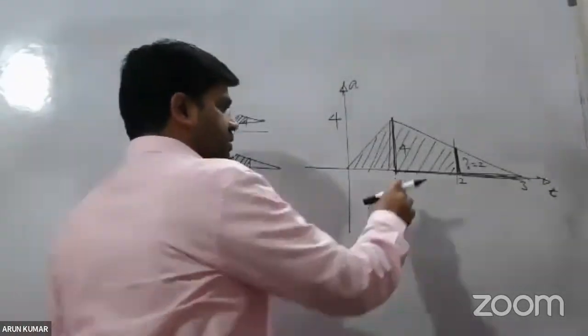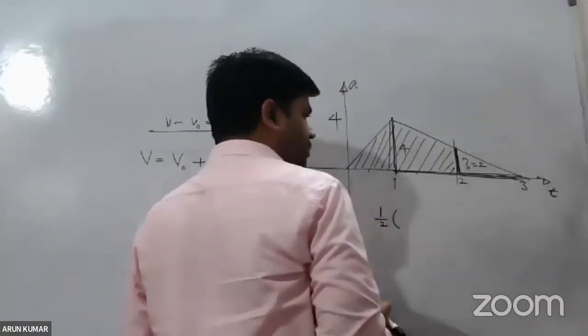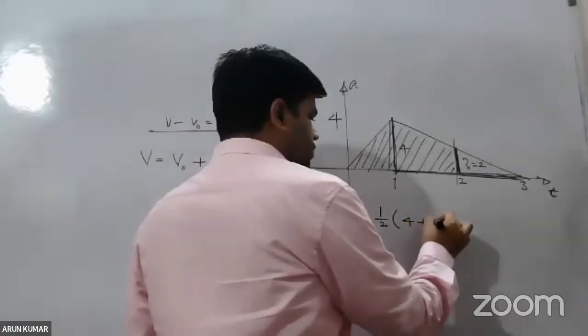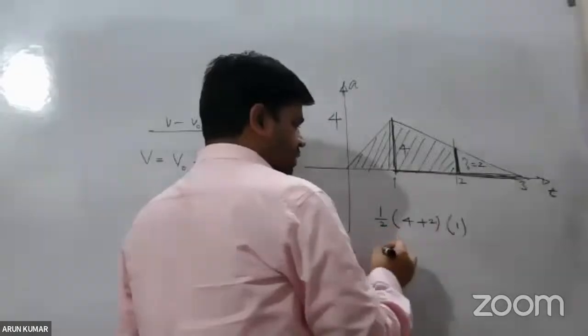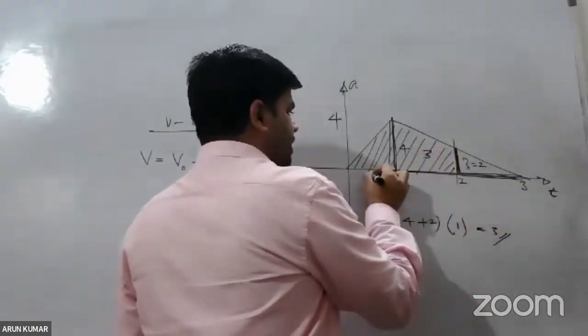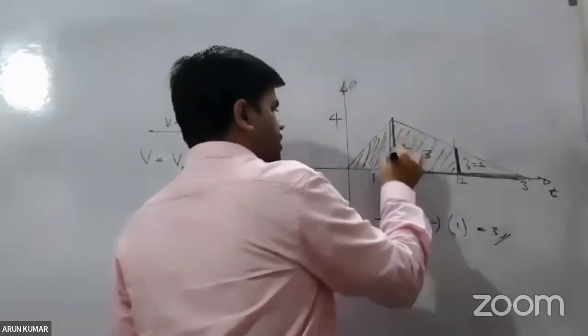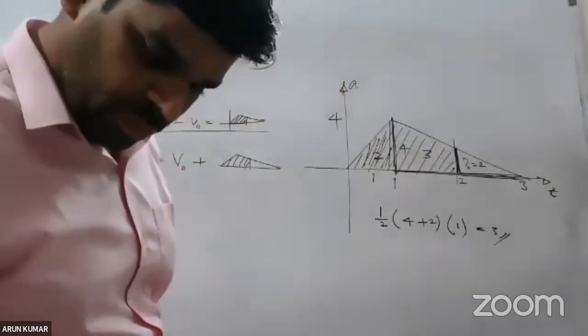Alright. So I got this trapezium. What is the area of this trapezium? Half times the sum of the sides, which is 4 plus 2, into height 1, so 6 by 2, which is 3. What is the area of this triangle? Two. Yeah.